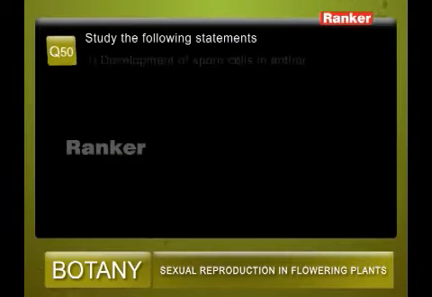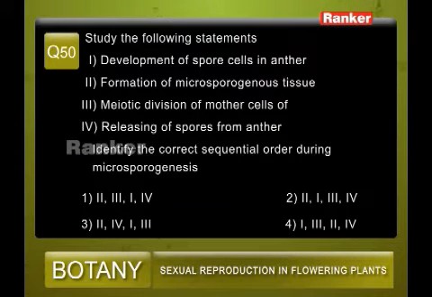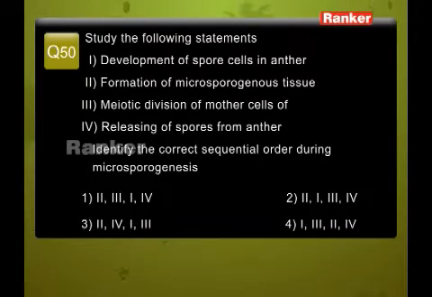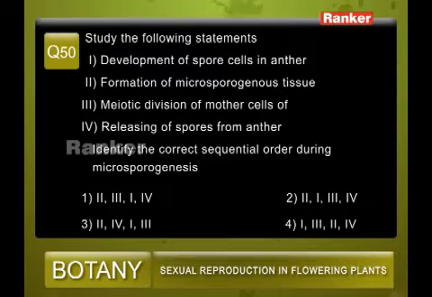Question number 50, study the following statements. 1. Development of spore cells in anther. 2. Formation of microsporogenous tissue. 3. Meiotic division of mother cells of microspores. 4. Releasing of spores from anther. Identify the correct sequential order during microsporogenesis.